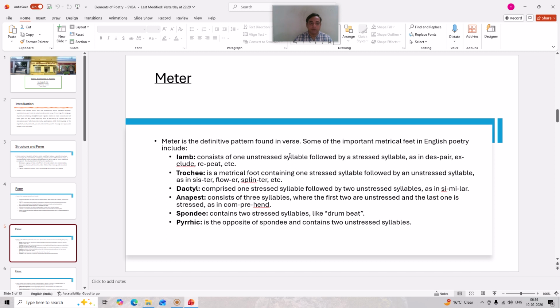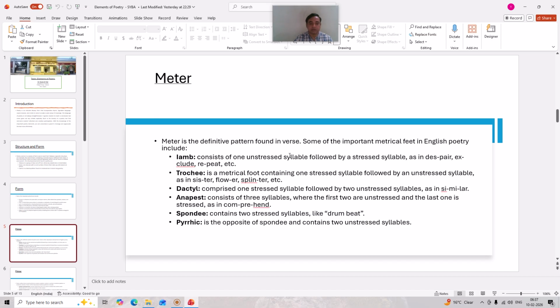Next form of meter is trochee. Trochee is a metrical foot containing one stressed syllable followed by an unstressed syllable, exactly opposite to iamb, as in the word sister.